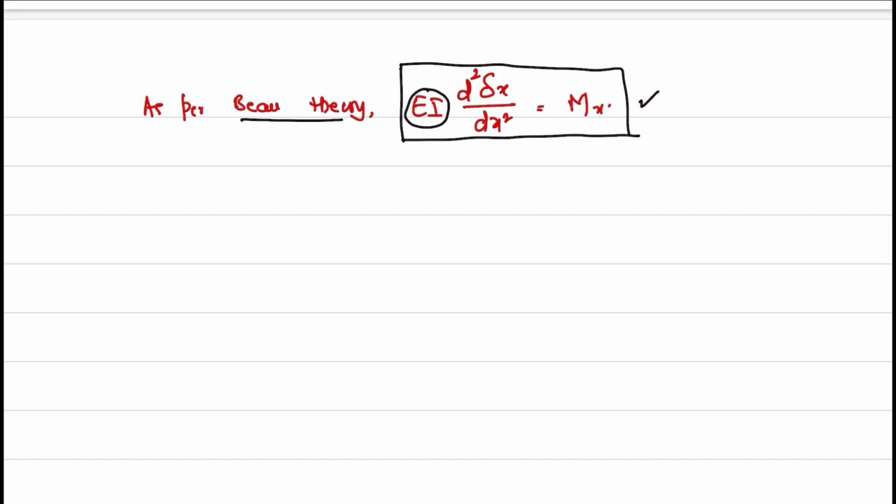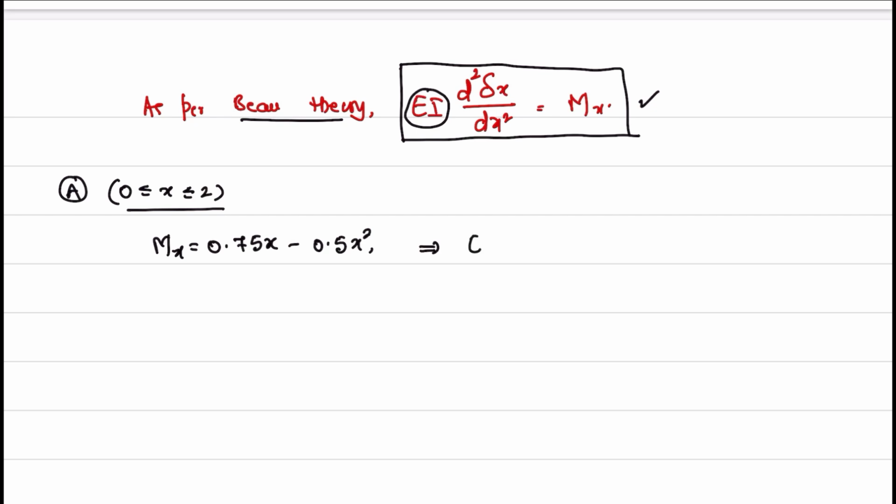Now, what is the bending moment in the portion 0 less than x less than or equal to 2? Let us consider this portion first. In this portion, what is mx? Already we have done it, please refer to my previous lecture: 0.75x minus 0.5x square.